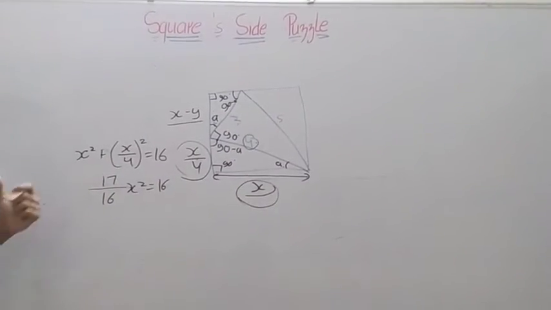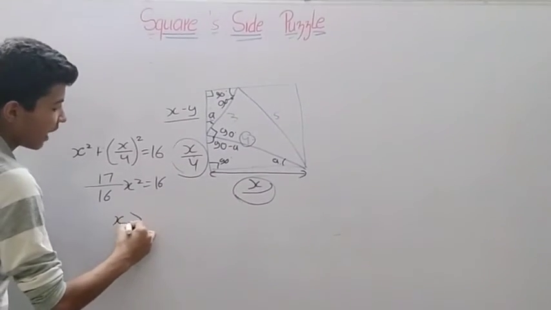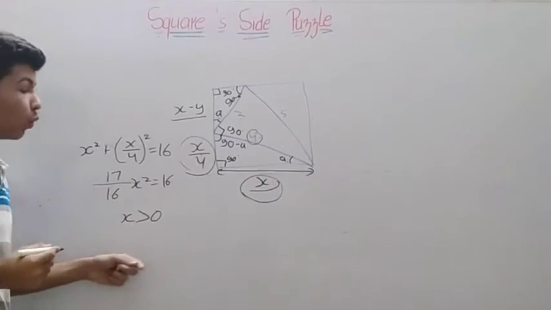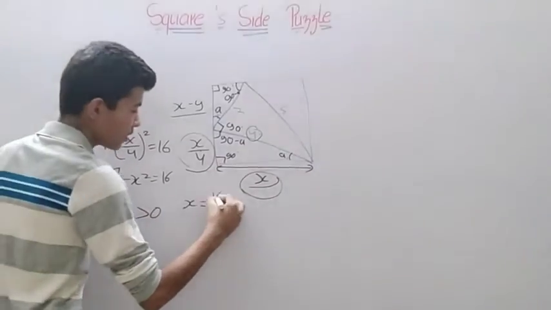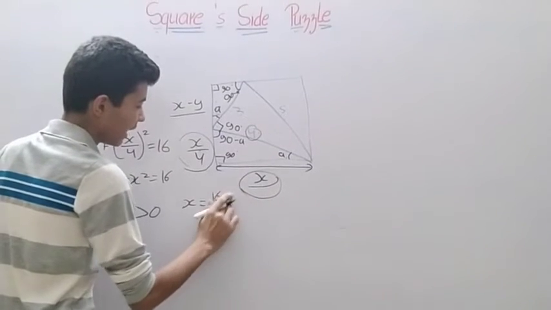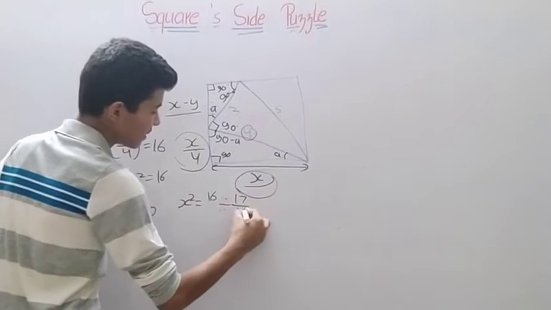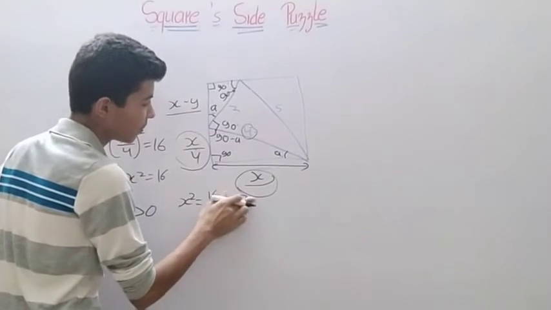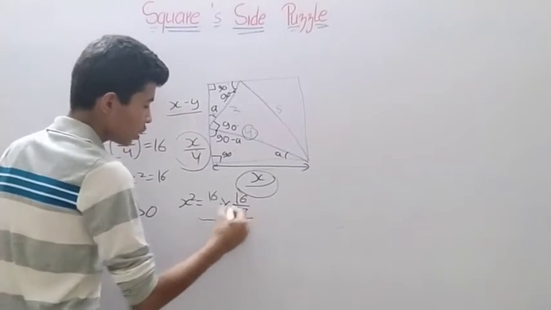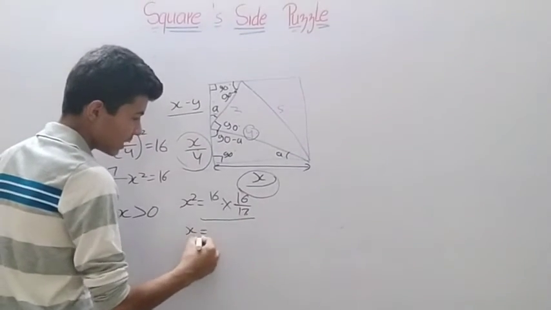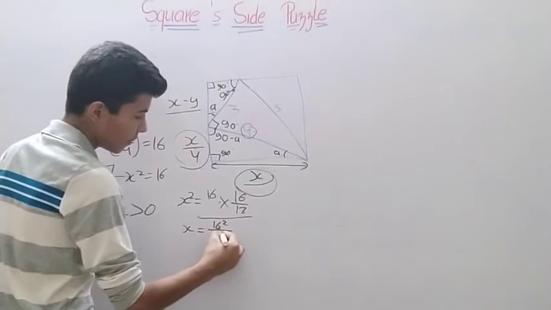Now for x to be positive, that means it must be greater than 0, we get x square is equal to 16 divided by 17 by 16. When we multiply, it becomes the reciprocal, so we have x square as 16 square divided by 17.